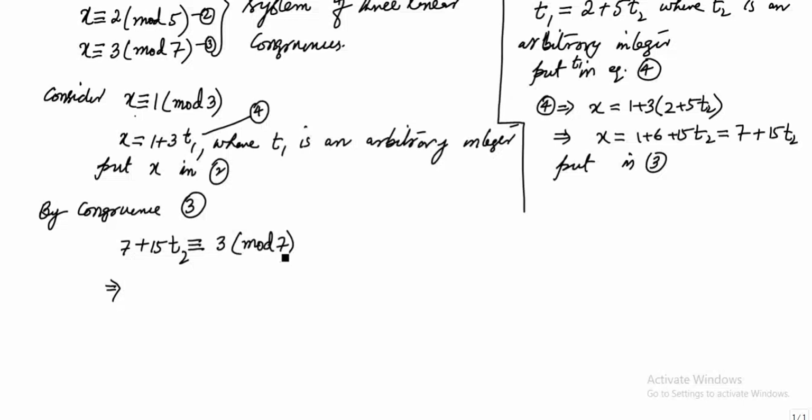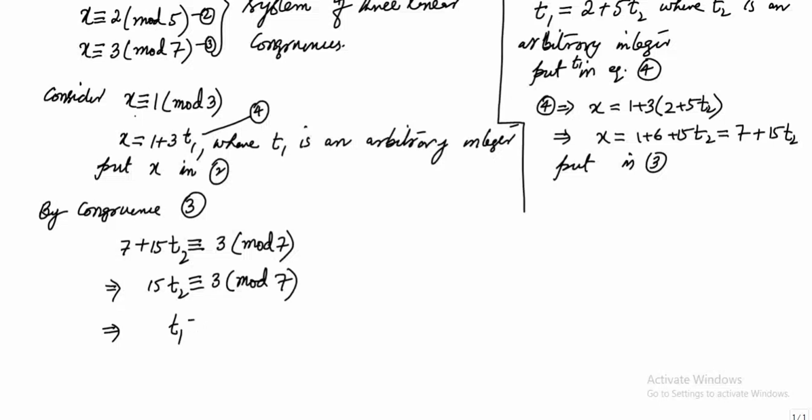So 15t2 is congruent to 3 modulo 7, and 15 is 1 in modulo 7.